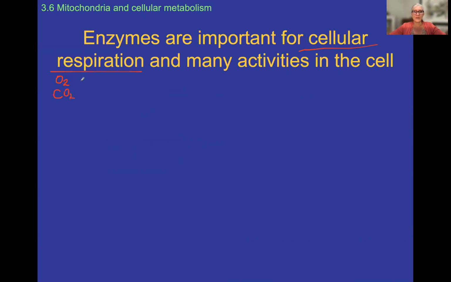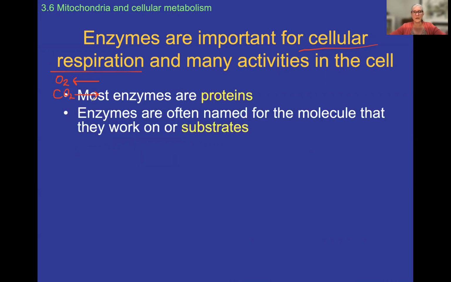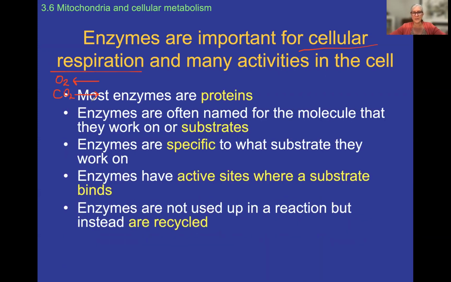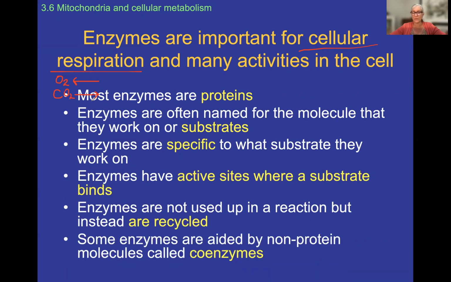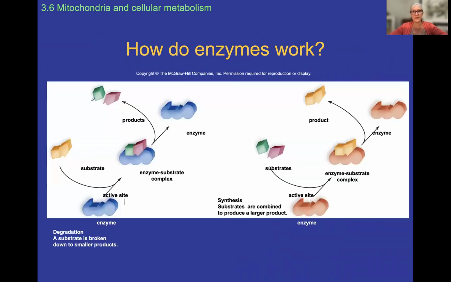So of course, this is why we need to breathe, to use the oxygen in the production of ATP, and CO2 is going to be a waste product that we exhale. There's a lot more detail here than you need to understand. Let me pause for a minute.